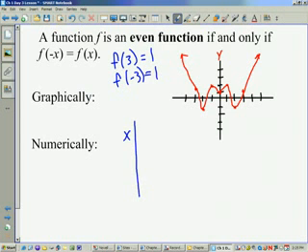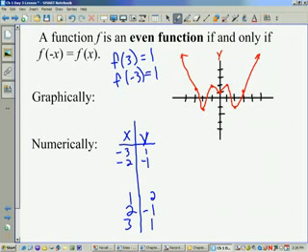The numerical representation, remember numerical means table. If I have an x and y, if my -3 is 1, my +3 is also going to be 1. My -2 here is -1, so my +2 is -1. And that works out there. 1, 2 is a point on the graph, so is -1, 2.